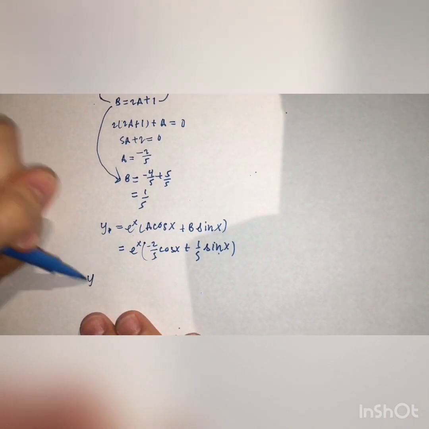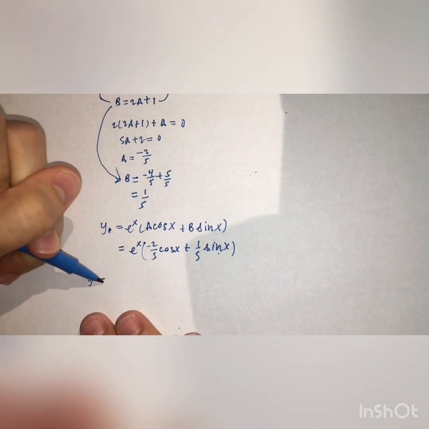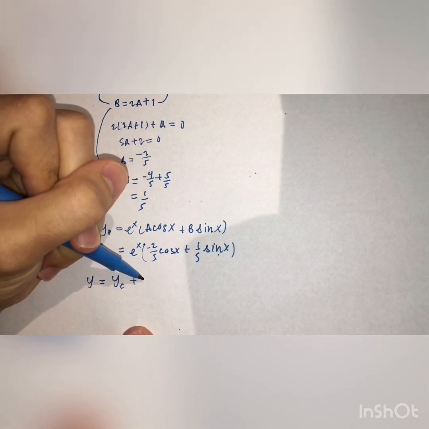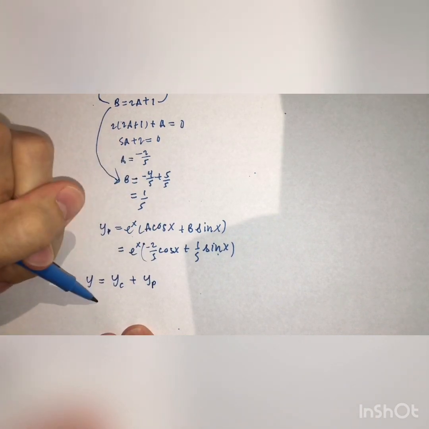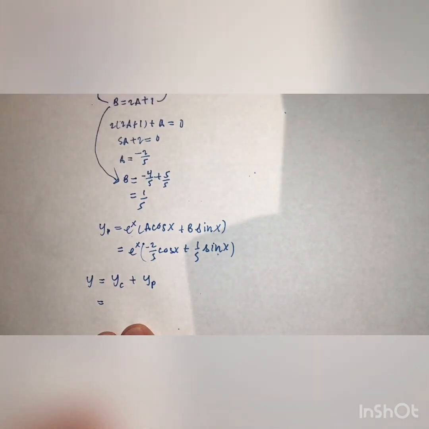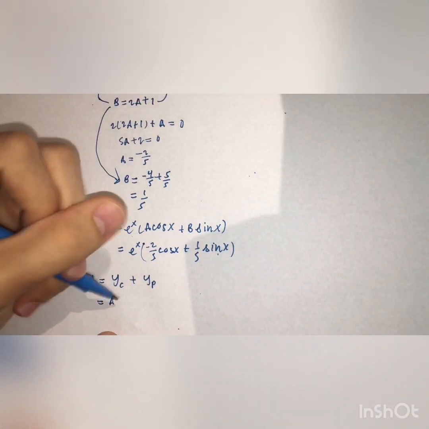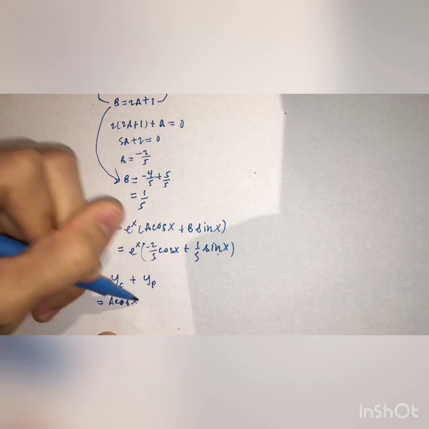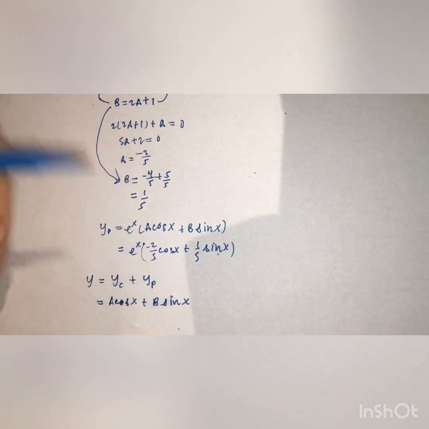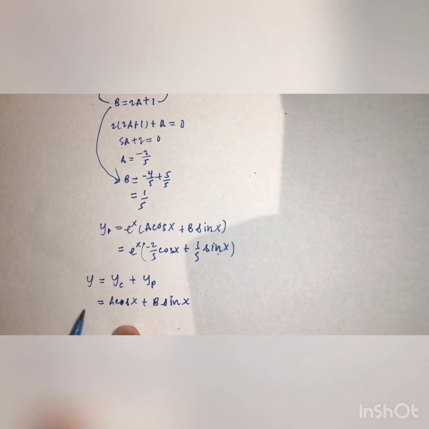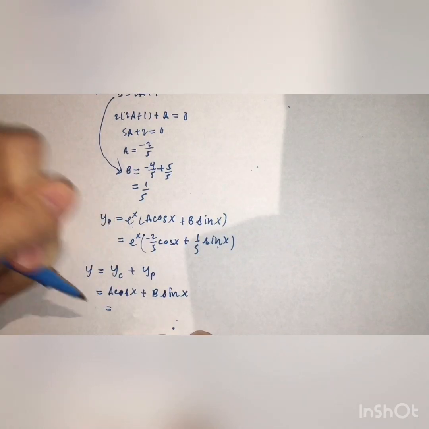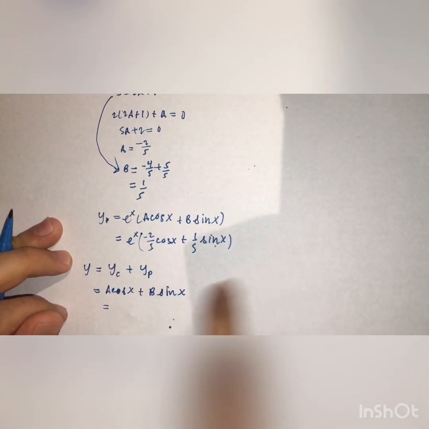And then for a complete solution, we just add the characteristic solution with the particular solution, and our characteristic was a cosine of x plus b sine of x, but we're going to leave a and b as variables so we can notate them differently since we're plugging in a and b to the particular solution.